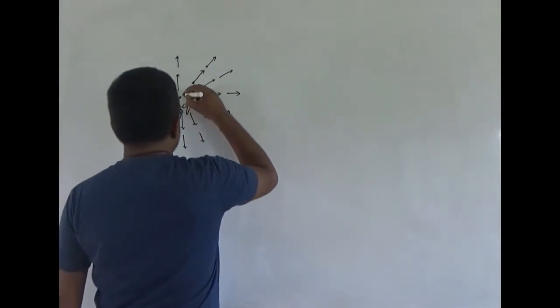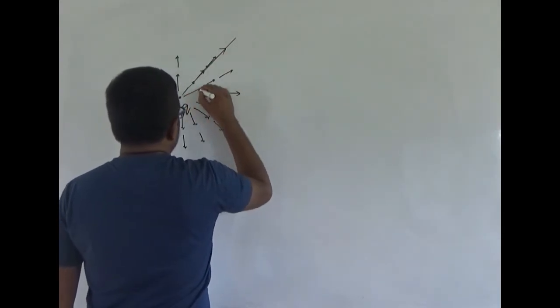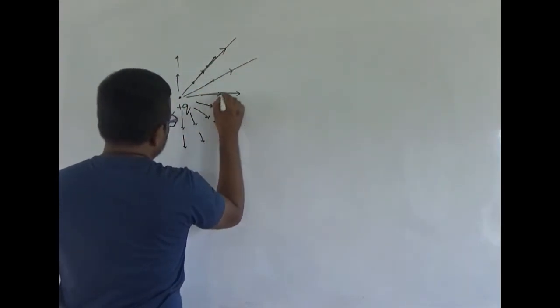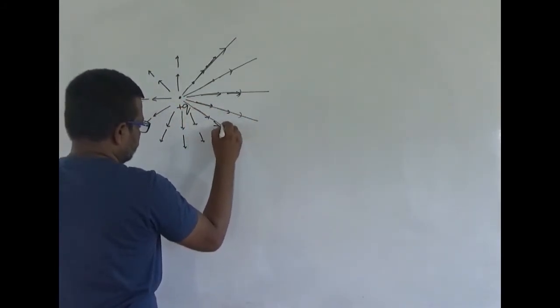Force on unit positive charge means electric field intensity, right? And if these arrows are added, then you get a line. You get this line. This is the line with an arrow, right?